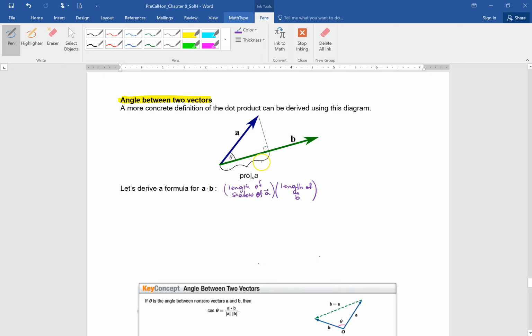But we also know that if we resolved vector A into its components, this would be the horizontal component of A. That's the cosine. This is the component of A that's adjacent to the angle. Adjacent means cosine. So the length of this is A cosine theta.